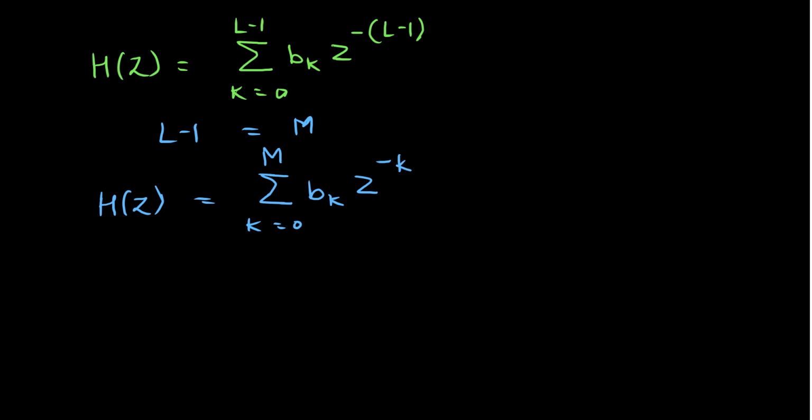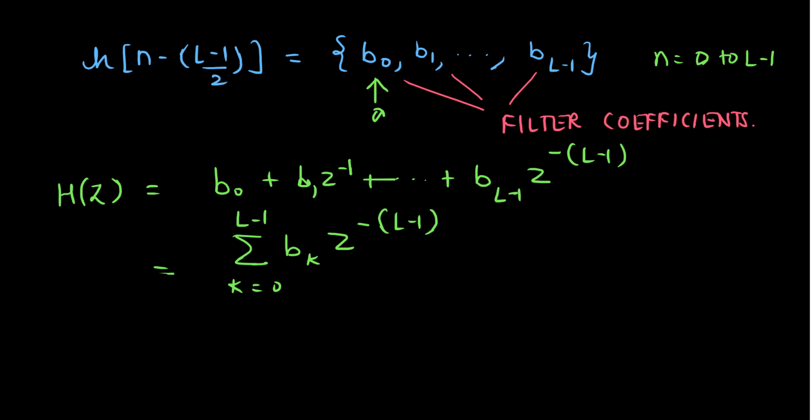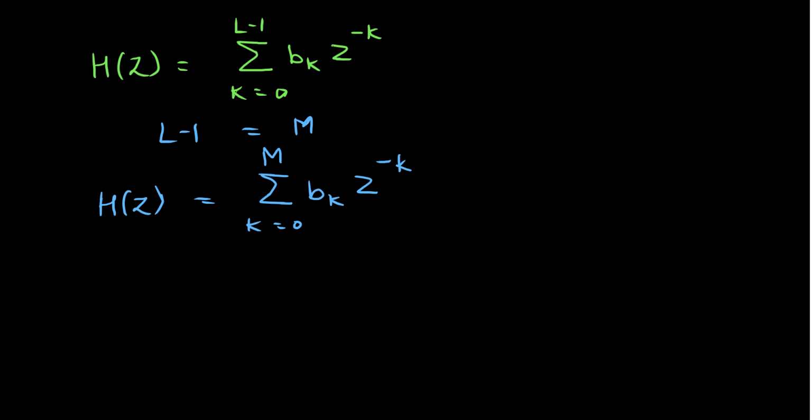Sorry, the exponent of z should be minus k, and the same thing applies in the earlier expression also.